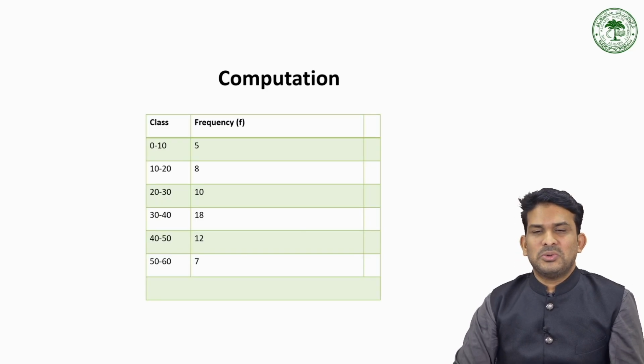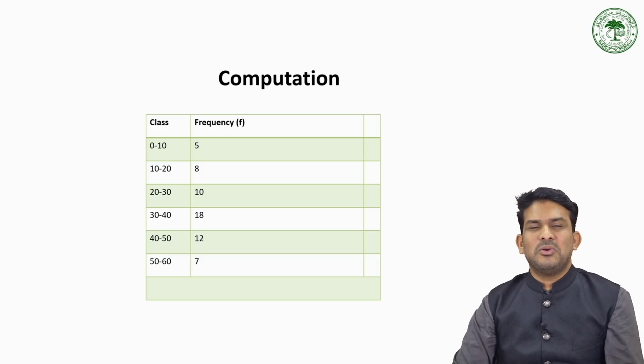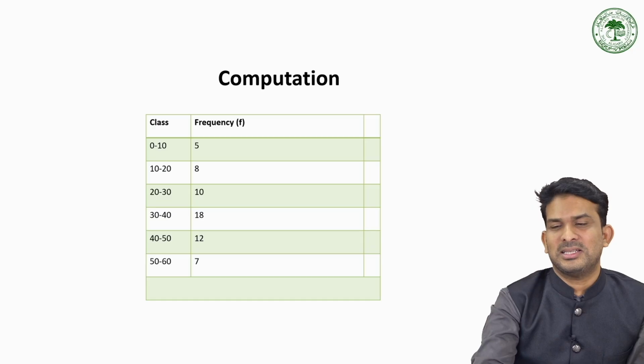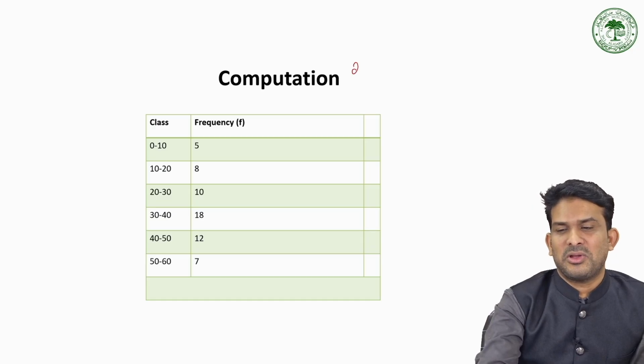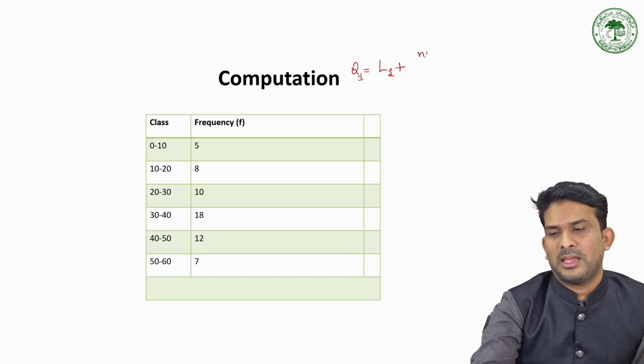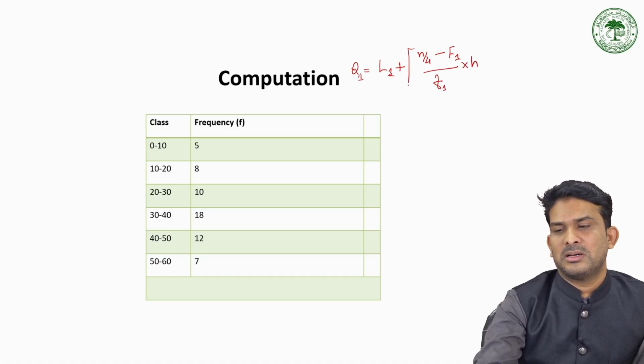Let me come to a frequency distribution. Before going to that, once again let me write it. This is the crux. We are going to calculate Q1. What is Q1? L1 plus n by 4 minus capital F1 upon small f1 into class width.